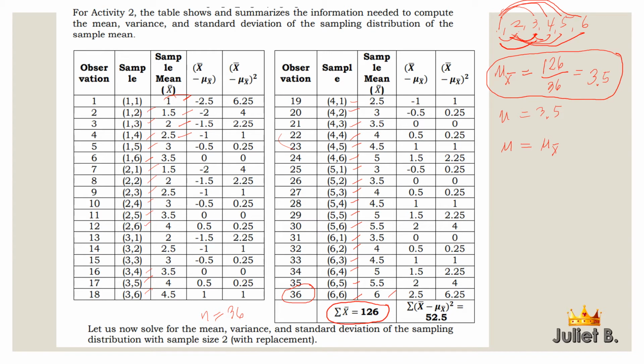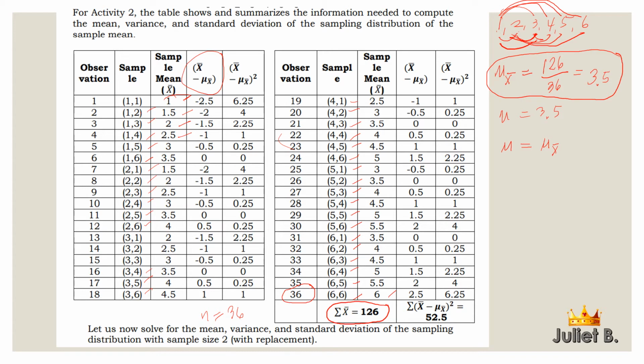Next is to solve for the variance. For the variance itself, syempre may proseso na naman tayo since nakuha na natin yung 3.5. Ang gagawin na sa column na to, it's x minus the sample mean.